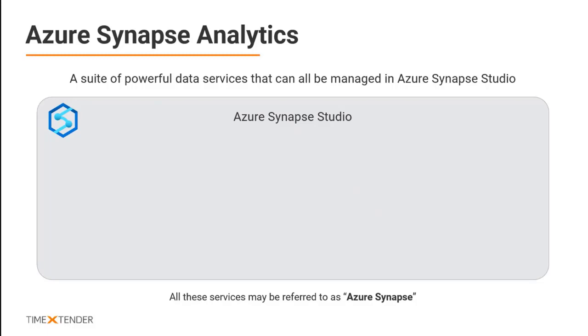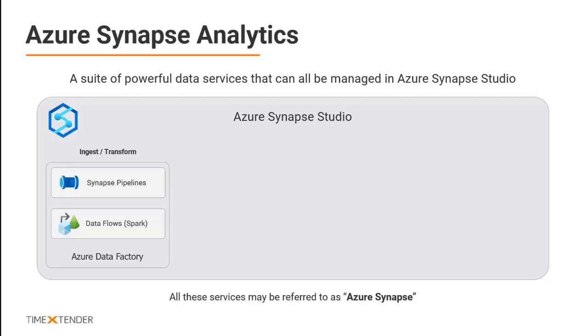Where a lot of the confusion comes in is that this involves a lot of different data services from throughout Azure, but all of these services sometimes get referred to as Azure Synapse, even though they are their own standalone services as well. So let's talk about that a little bit.